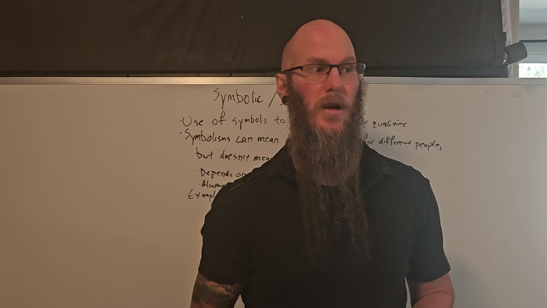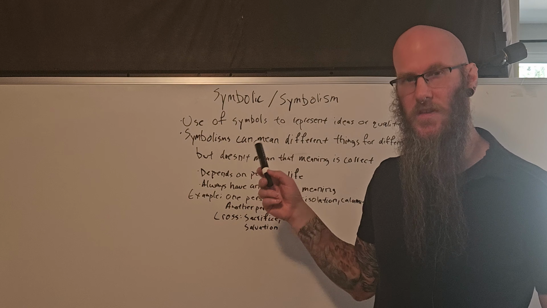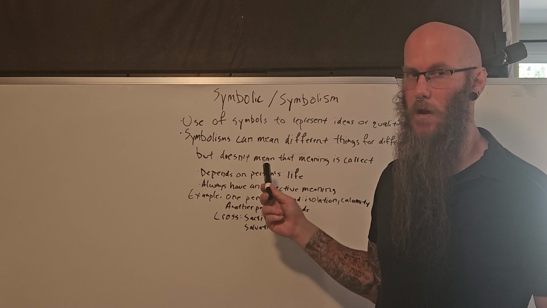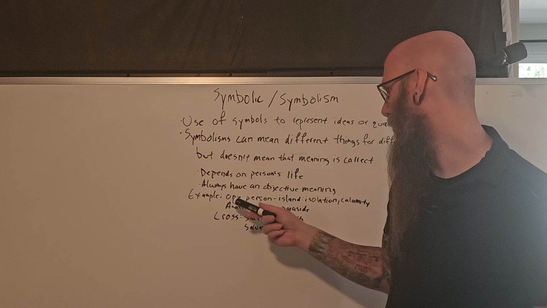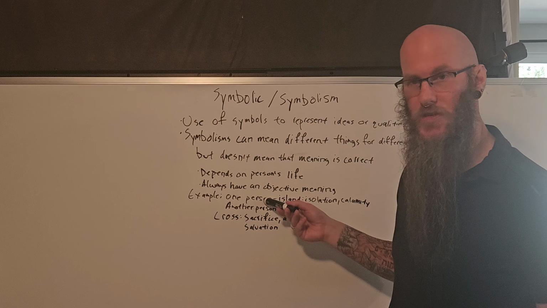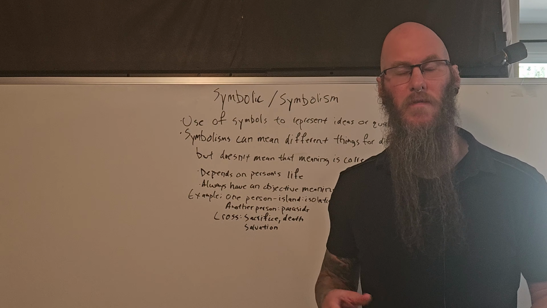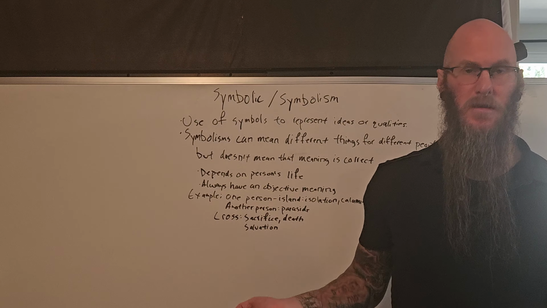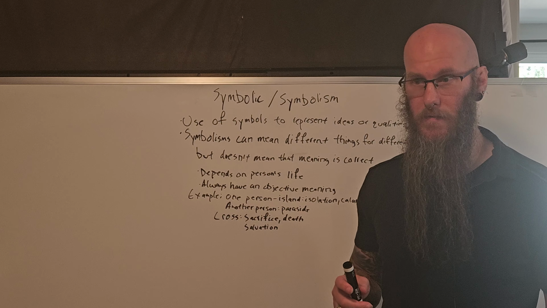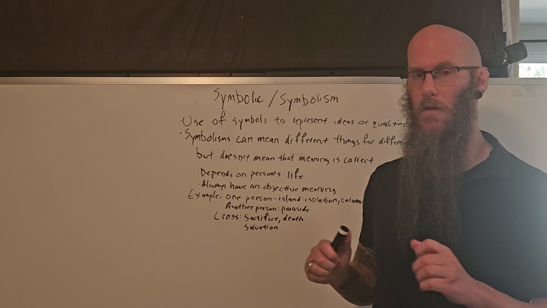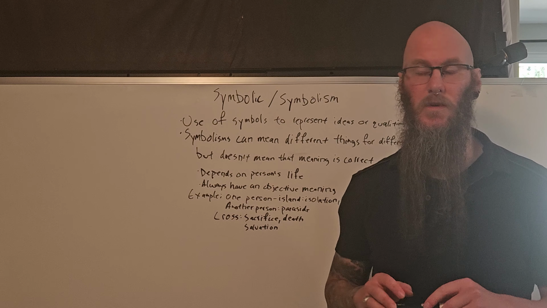All right, so let's look at a couple different examples here. So we already know the meaning that a person takes for a symbolism may not be correct, and that all symbolisms do have an objective understanding. So for one example, one person could look at an island, and let's say someone just went through a very bad time in their year, and all of a sudden in their life, let's say in a dream, they only see themselves on an island and they're isolated.